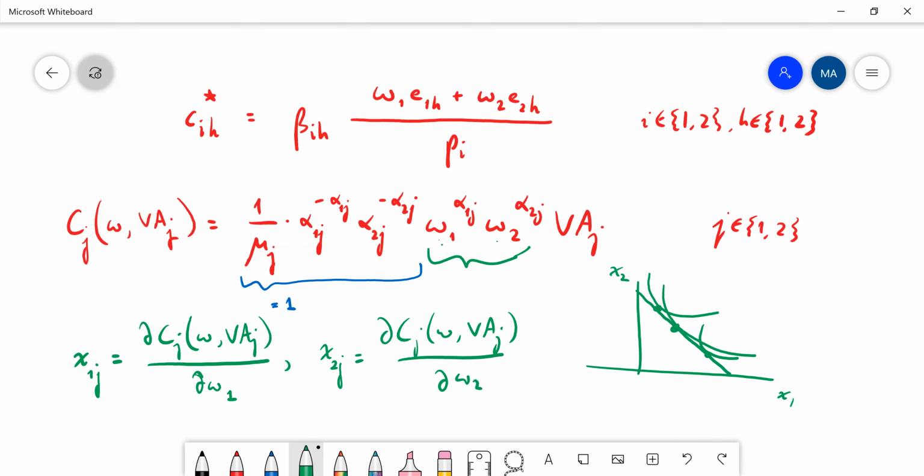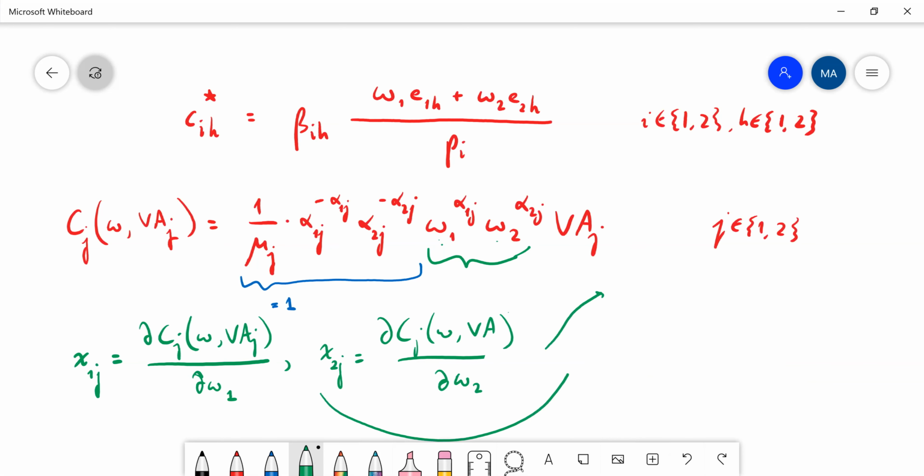Then these derivatives will give you what? Will give you B, right? B1J will be equal to, so this derivative, let's do this.